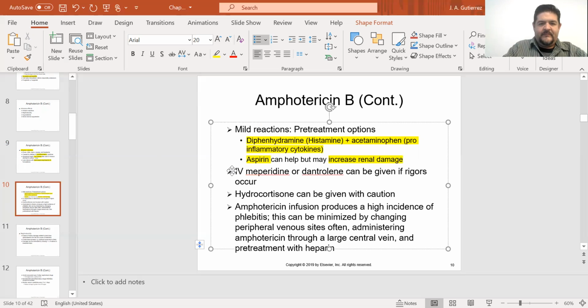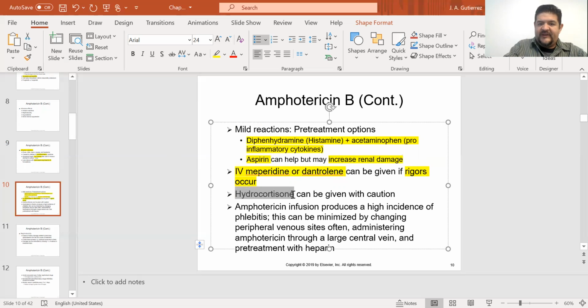Now, meperidine or dantrolene, those are muscle relaxants. And they're going to be given only if rigors occur. Rigors, rigid muscles. So we'll provide meperidine or dantrolene to relax the muscles, to prevent that rigors.